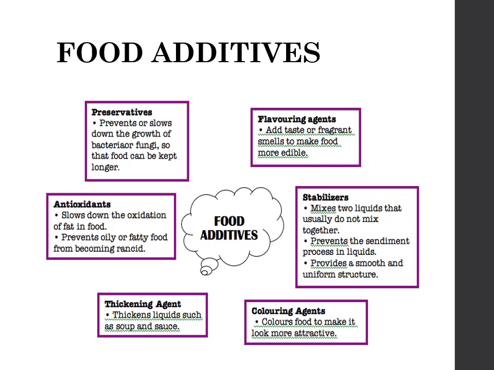Coloring agents, as the name indicates, color food to make it look more attractive. Thickening agents thicken liquids such as soup or sauce. Antioxidants slow down the oxidation of fat in food and prevent oily or fatty food from becoming rancid.